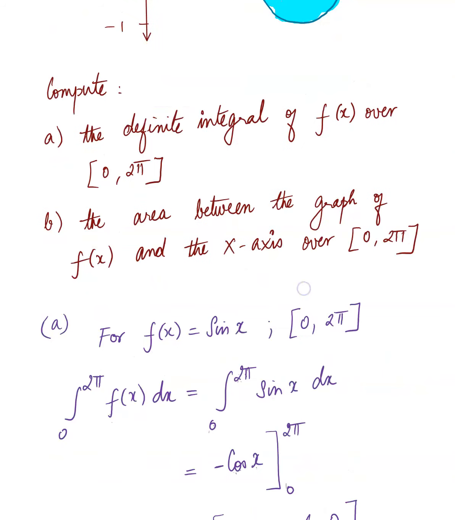So let's go ahead and do that, because part B says find the area between the graph of f of x and the x-axis over this. So technically they're asking for the total area.